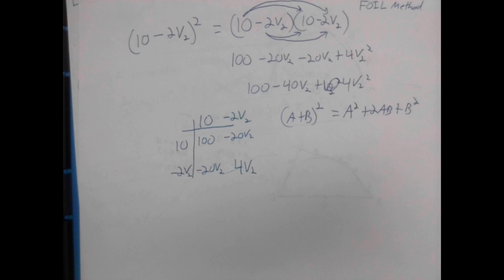One thing you could do is the quadratic formula. Another thing you could do is move this to the other side. So we get 100v2 is equal to 15v2 squared. I can divide by v2.